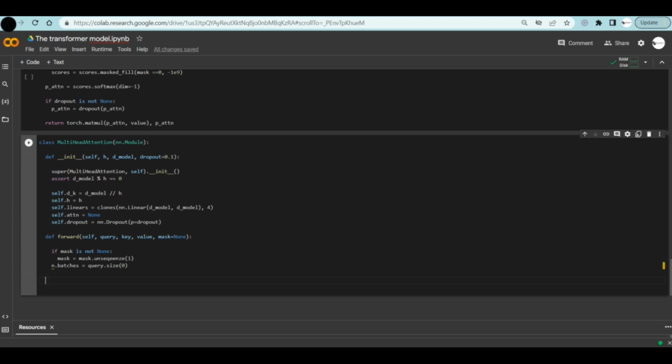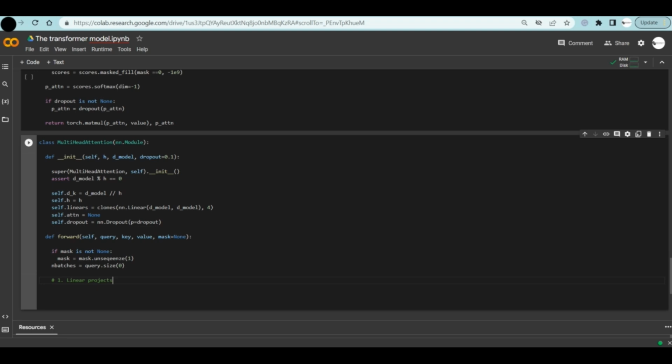Then we're going to have a linear projection. Did I make a mistake here? n is not defined. Okay, I made a mistake, it should be number of batches, n_batches. So step 1 is to apply linear projections.